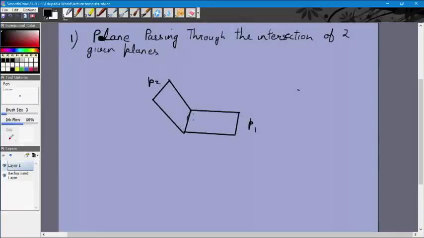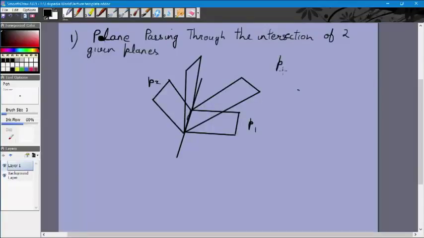Then there could be a number of planes which encompass this particular line. You could have a plane like this. You could have a plane like this. There could be many different planes passing through this particular line. So that is our goal. Given 2 planes P1 and P2, we want to find out all the planes which will pass through the intersection of these 2 planes.